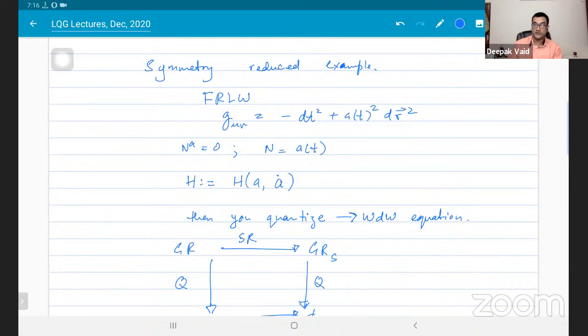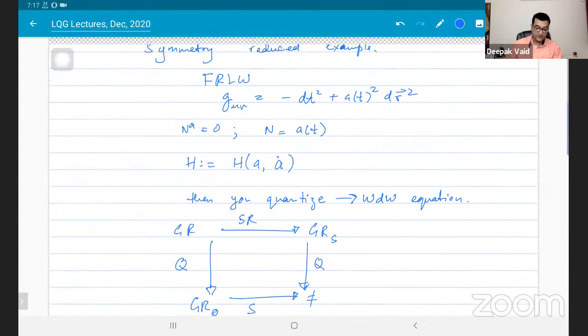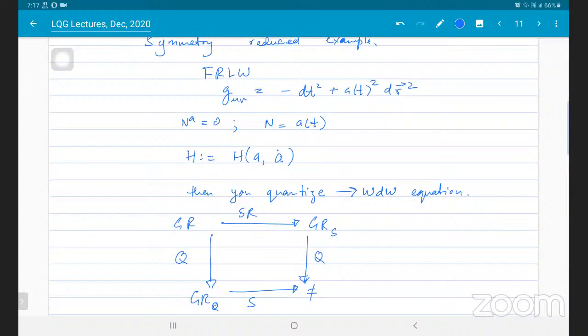Observers at rest with respect to that Rindler spacetime see a thermal spectrum, and you could ask whether you can relate that spectrum somehow to what you get from the Wheeler-DeWitt quantization. That would be a very nice thing to look at. I hope I gave you some sort of an answer. Yes, sir. Thank you.